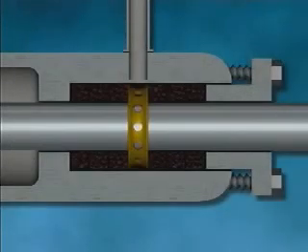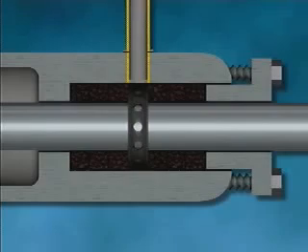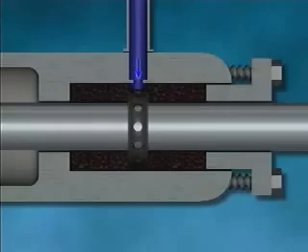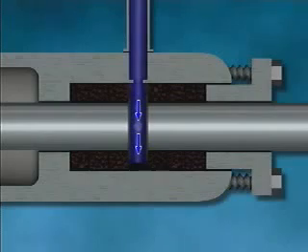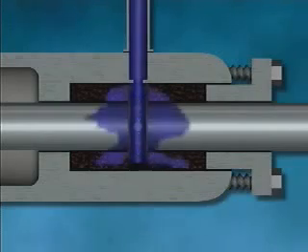The lantern ring is always positioned under a line called the gland seal line. The gland seal line directs liquid, called seal liquid, into one of the holes in the outside edge of the lantern ring. The seal liquid flows around the lantern ring and through the holes in the ring, where it's then distributed into spaces around the packing and the shaft. This flow of liquid helps keep the packing cool.